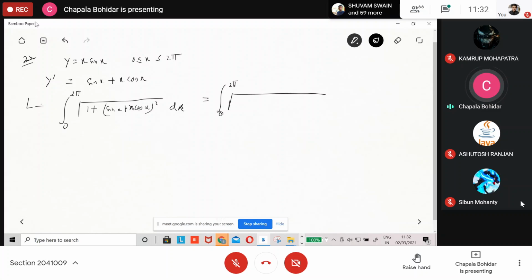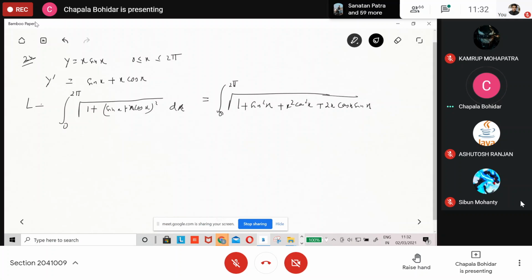I can write it as 1 plus sin square x, then x square cos square x, then 2 into 2x cos x sin x.